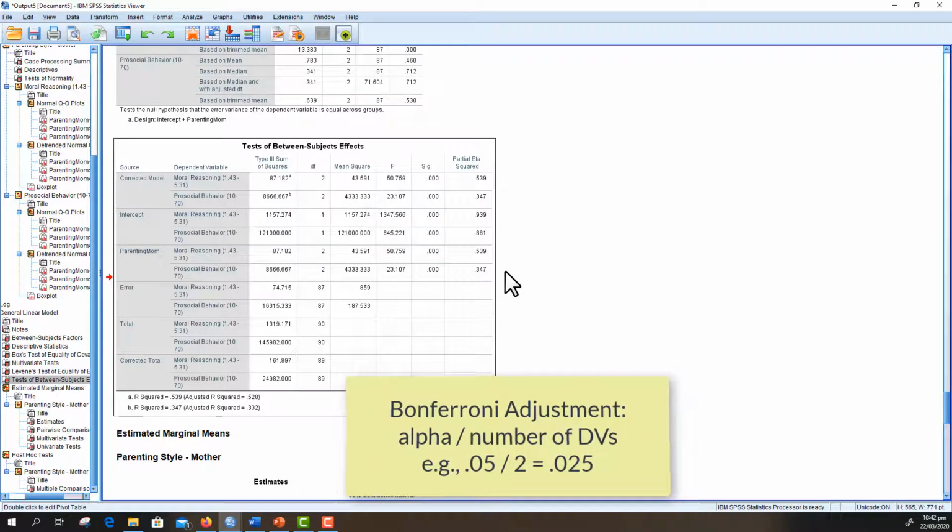To adjust, divide the alpha by the number of dependent variables. There are other methods, but this is the simplest one. This value is our new alpha. This means that we will only say there is a statistically significant difference if the p-value is equal to or lower than the new alpha, in this case 0.025.